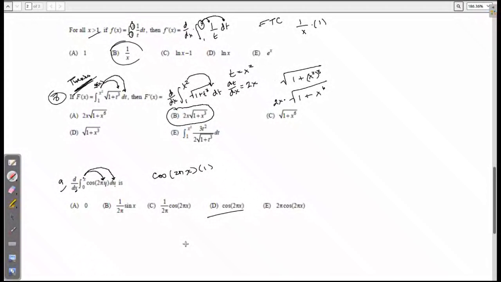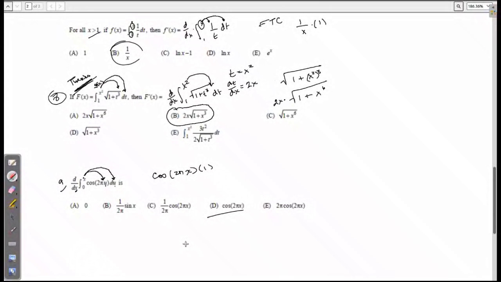So I wanted to go through some examples of how the AP would ask these questions if they were to show up on the AP exam, because these types of questions are rather important to understand.